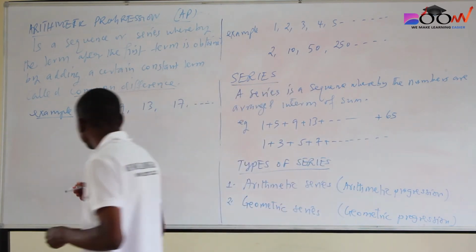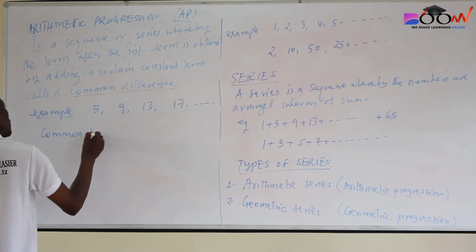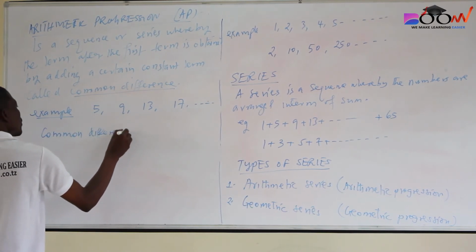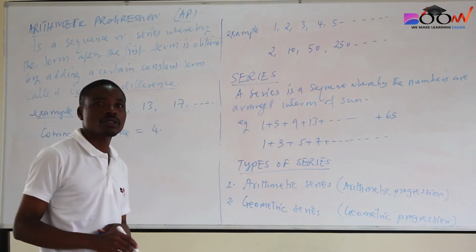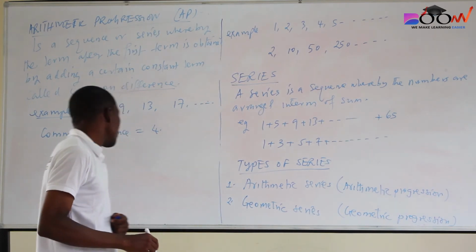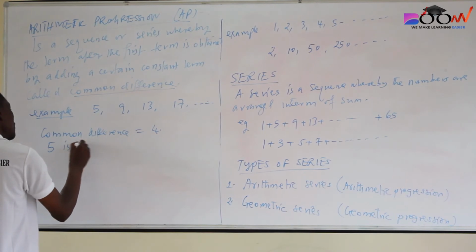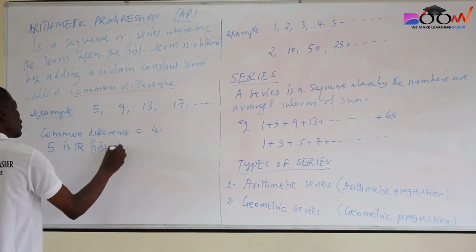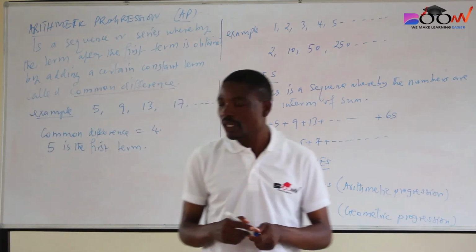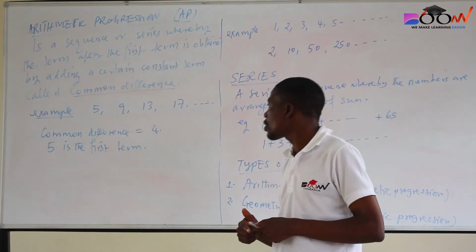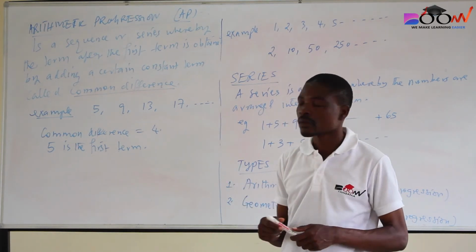In that case, our common difference will be equal to 4. But 5 is the first term. Therefore, after 5, the common difference is added to get the second term, the third, the fourth, and so on.